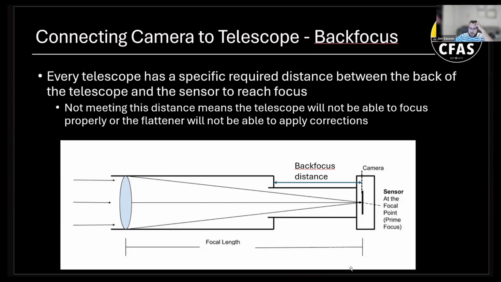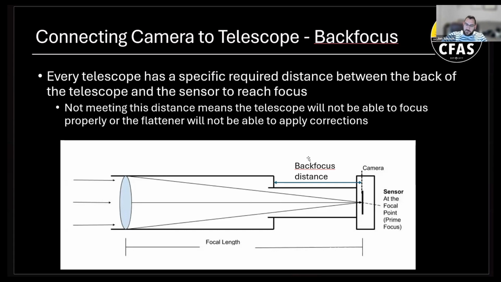And so you need to make sure that your sensor has the correct back focus distance to be able to focus correctly. This diagram here is showing you what the light's doing. It's going to come up and focus onto a point, and where all the light rays meet up, that's where you want your sensor to be.